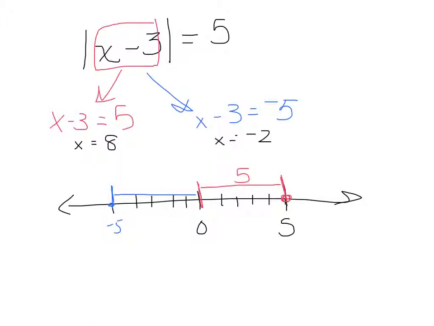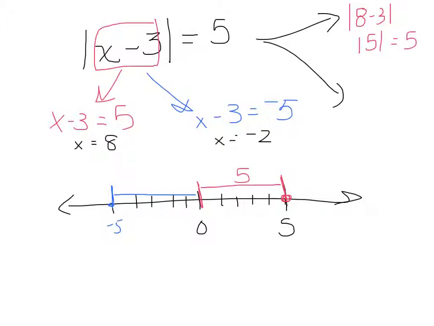Why are there two answers? Well, if I plug this in to the absolute value symbol, if I think about it as 8 minus 3, I'm going to get the absolute value of +5, which is going to equal 5.